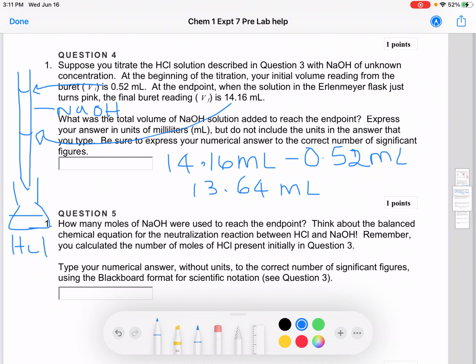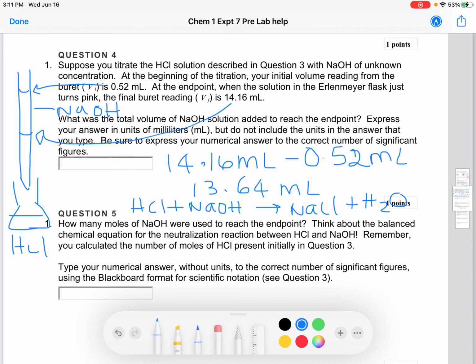And then question 5. How many moles of sodium hydroxide were used to reach the end point? Think about the balanced chemical equation for the neutralization reaction between HCl and sodium hydroxide. Remember, you calculated the number of moles of HCl present initially in question number 3. If you look at the balanced equation, HCl plus sodium hydroxide makes sodium chloride and water.